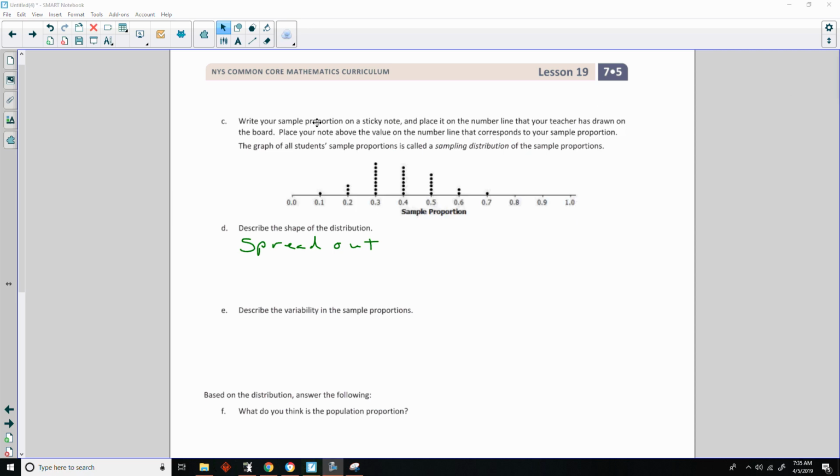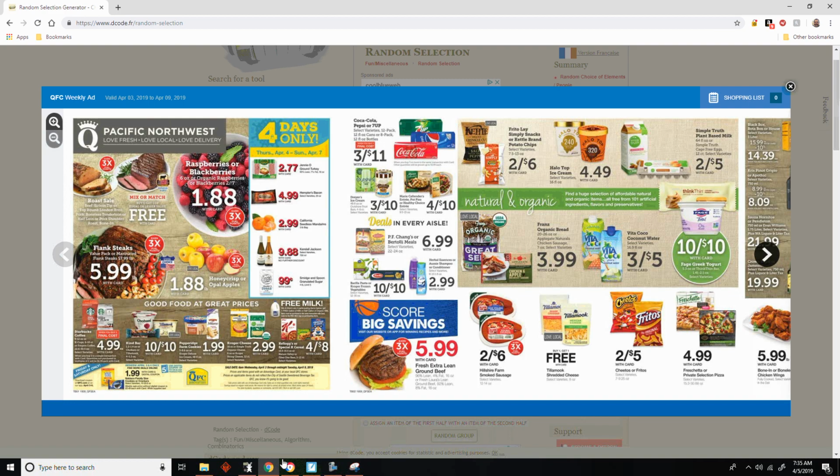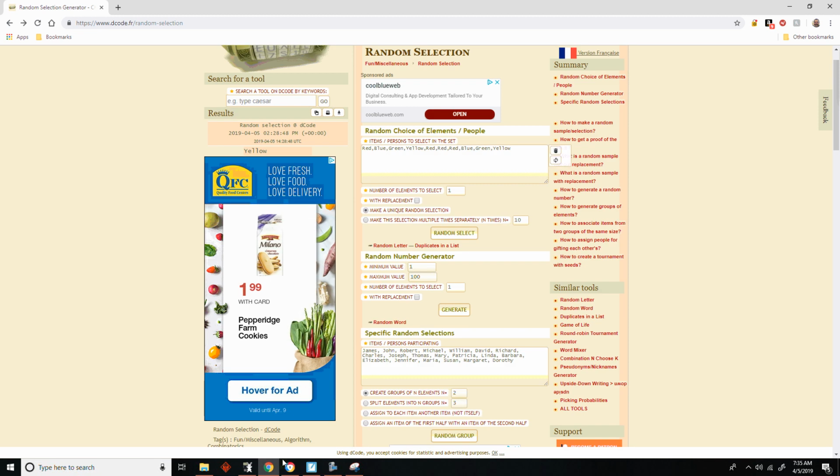Okay, this would be more of what would appear if you did it in class. I'm saying this because I know what was in the bag, and when I set up this website that we used to do the drawings, I knew what I put in. It was a multiple of, or a tenth of what they said, but there was supposed to be 40% red, so I put 4 red and 6 that were different colors.